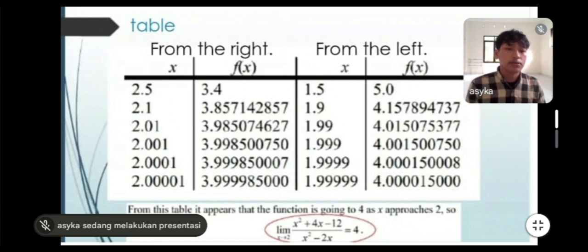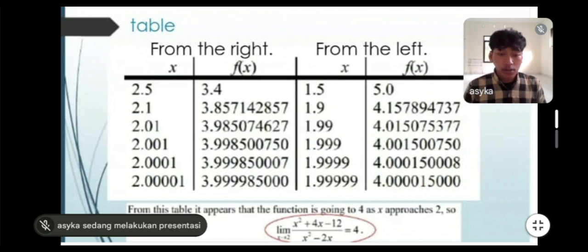From the right, x is 2.00001, the f(x) is 3.999, and so on. From the left, when x equals 1.999, the f(x) is 4.000015.